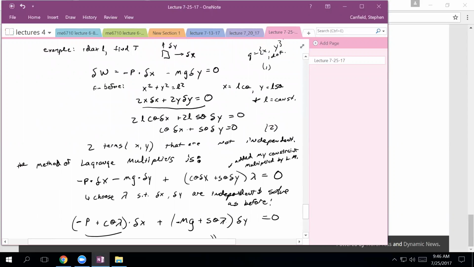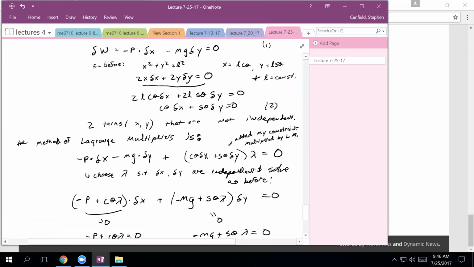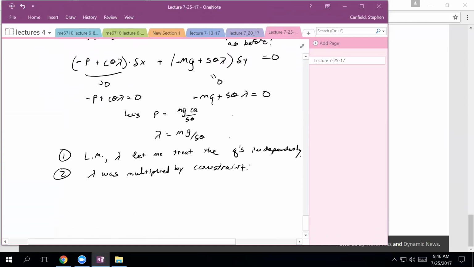The fact that L is constant gives me a relationship between virtual x and virtual y. Well, with that said, I multiply this by lambda, so it turns out that lambda is the thing that enforces the constraint.